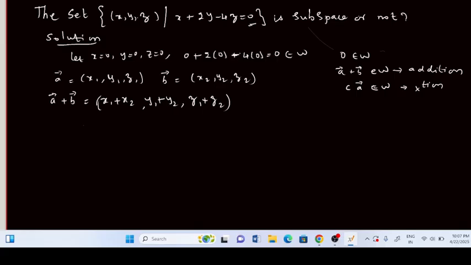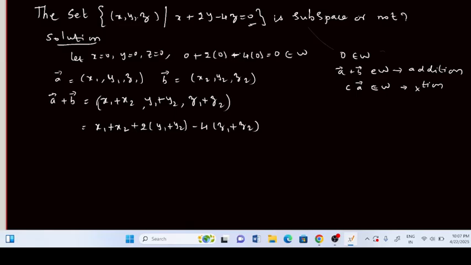Now this value we must substitute in the given equation. Instead of x we substitute x1 plus x2, plus 2 times y, which is y1 plus y2, minus 4 times z, which is z1 plus z2.